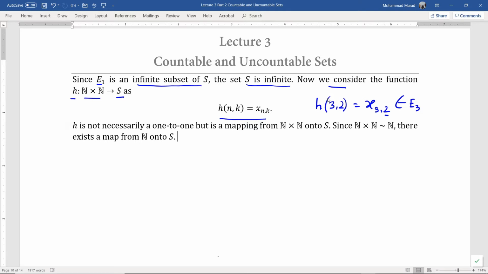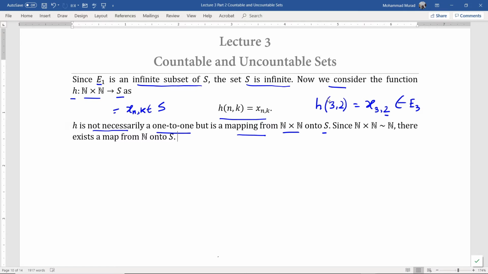This function h is not necessarily one-to-one, but is a mapping from n cross n onto S. Because if we consider any element from S, it must have the form x sub n comma k.